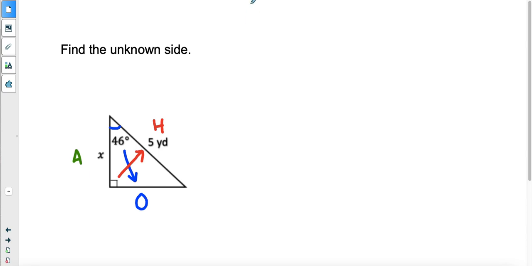I can use SOHCAHTOA, what we just talked about, to help me find the missing side. Because I know here, in this triangle, I'm trying to find the adjacent side, and I know the hypotenuse is 5 yards.